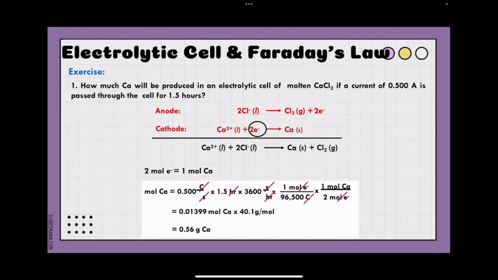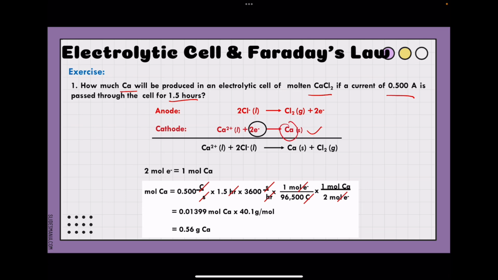Now let's try another practice. How much calcium will be produced in an electrolytic cell of molten calcium chloride if a current of 0.5 ampere is passed through the cell for 1.5 hours? Remember, at the cathode, calcium ions gain electrons to form calcium metal.